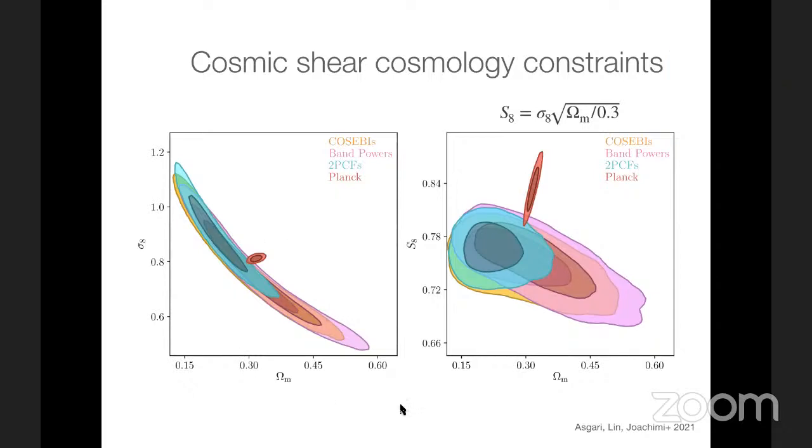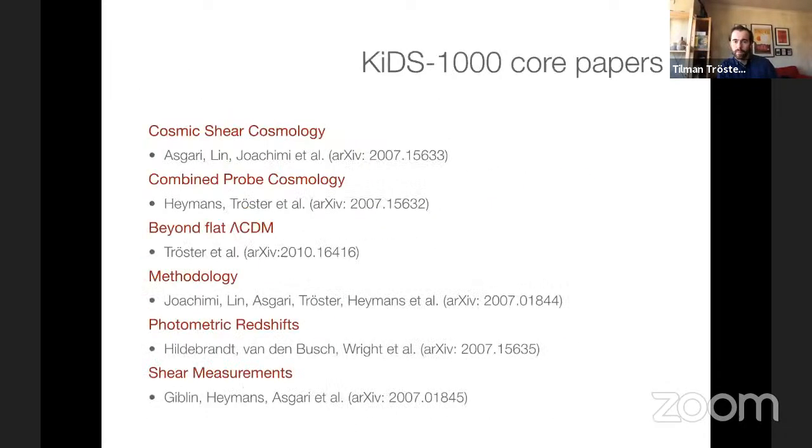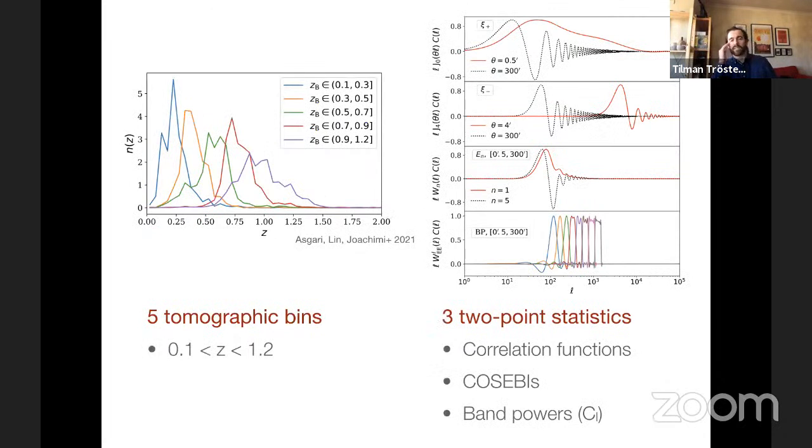Okay, and just one more quick question. So I understand the 2-point correlation function is in real space, the band power is in harmonic space. What about COSEBIs? Right, so these are something in between. Right, so this is something called modes. There's no very good physical interpretation. Essentially, the n equals 1 mode is mostly like the overall amplitude, and then higher modes have finer features that you measure in the correlation function.